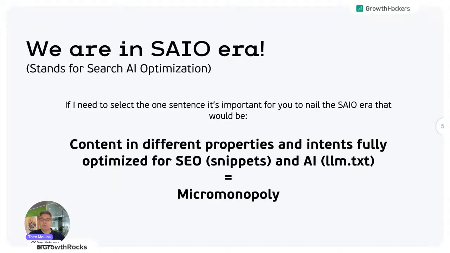Now, what is quite important is that we are in the search AI optimization era. People quite often call that GEO, generative engine optimization. That is one terminology. I prefer SAIO era, just because we're talking about AI optimization.